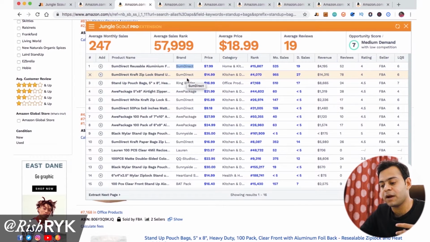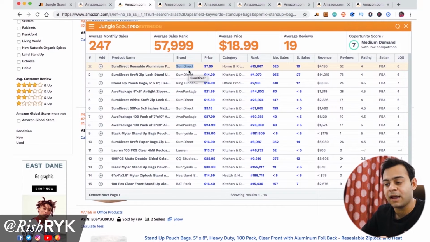That means they have design rights or patents or whatever it could be, some extra power, and that's something to stay away from usually.